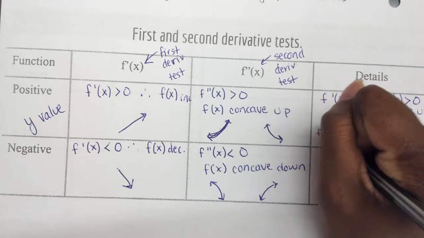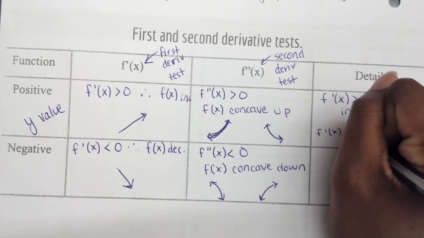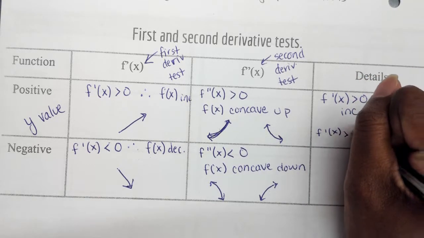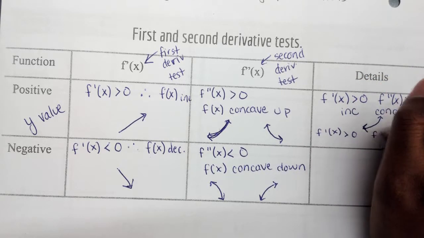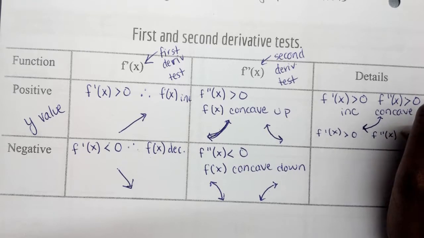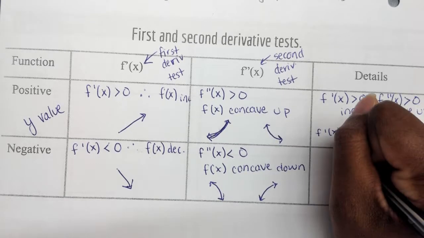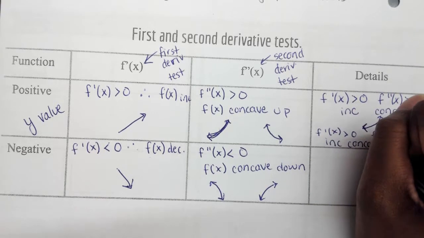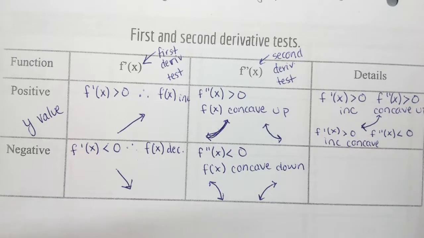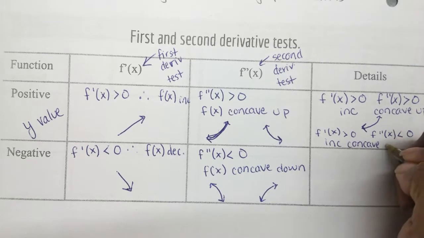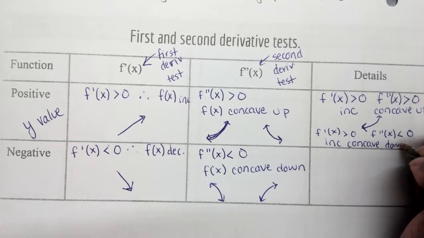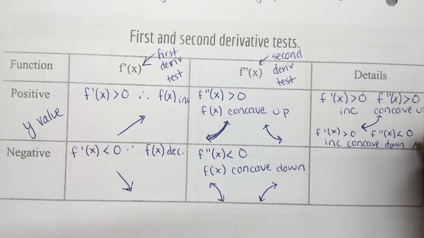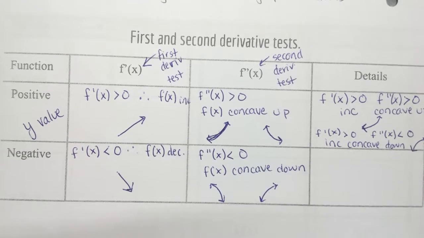Okay, if f prime of x is greater than 0 and f double prime of x is less than 0, then we have an increasing concave down, which looks like this.